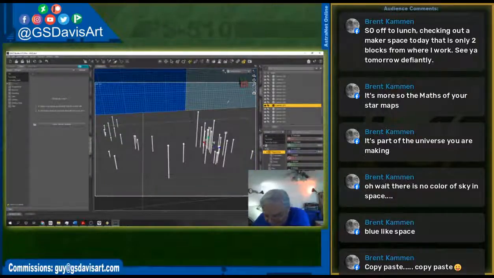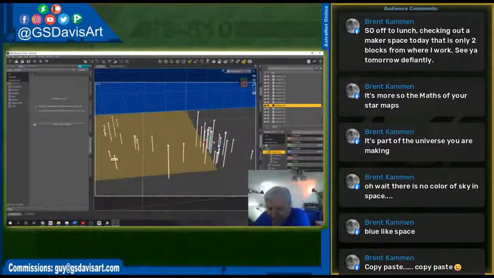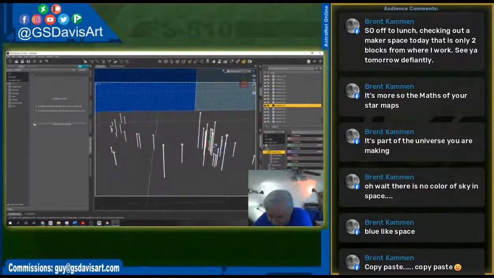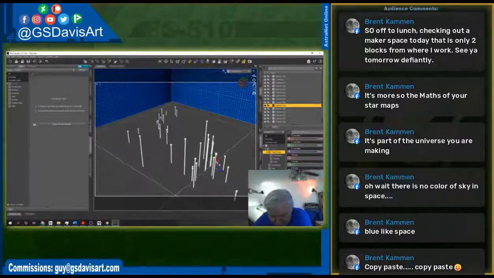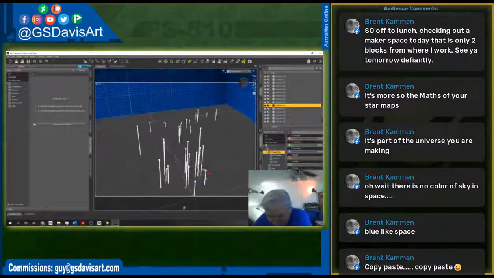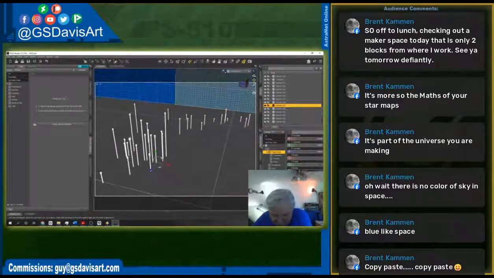Okay, orthographic. There we go. All the stars. There they all are. I don't think they're any better from this position or angle. There isn't a better angle for it. Man, maybe this is a better angle. Maybe.